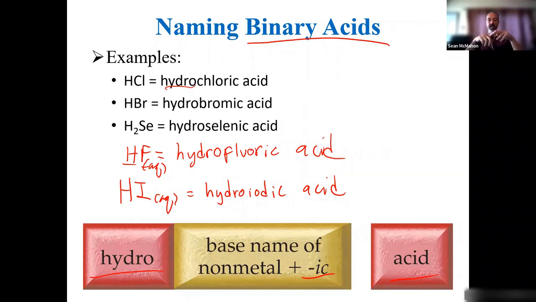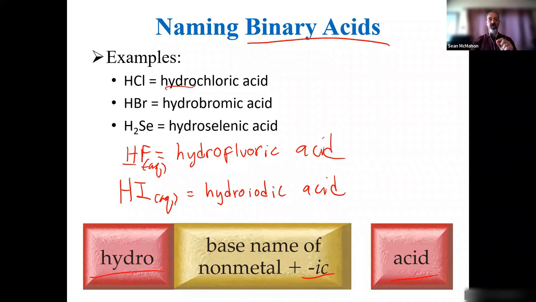Why? Covalent compounds, non-metal, they want to share. So we have a sharing. So because there's no charges, we use the prefixes. Those are binary covalent. However, there are binary acids where the non-metal gets greedy and steals the hydrogen's electron when you throw it in water. And those are the binary acids.